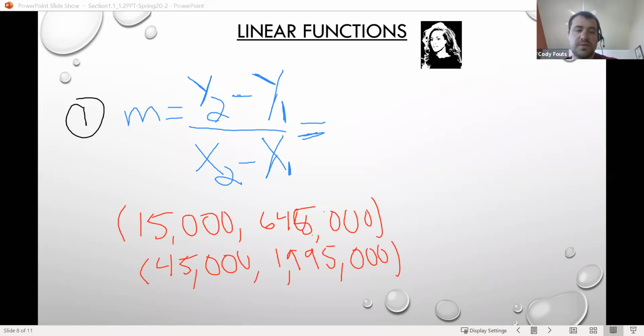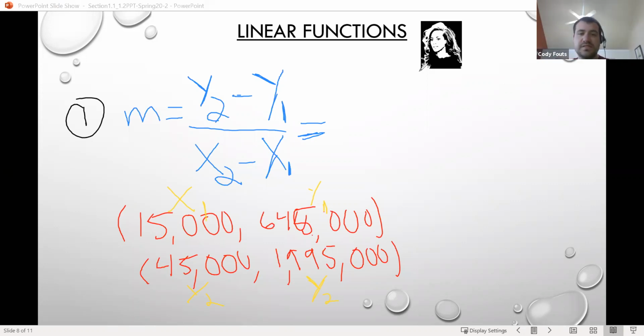When we are choosing our y2, y1, x2, and x1, it doesn't actually matter. What's important is that if I choose this 1,995,000 to be y2, this 45,000 has to be x2. That would make the 645,000 y1 and the 15,000 x1.